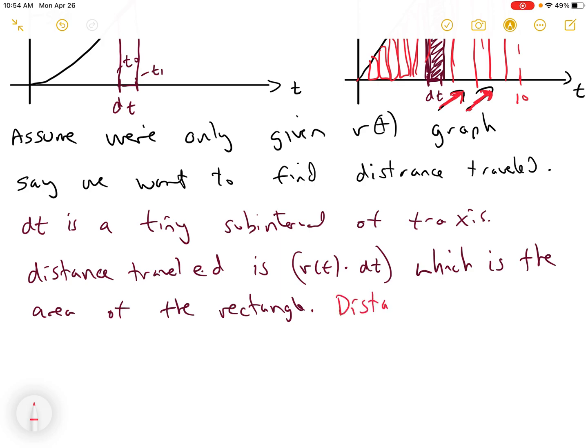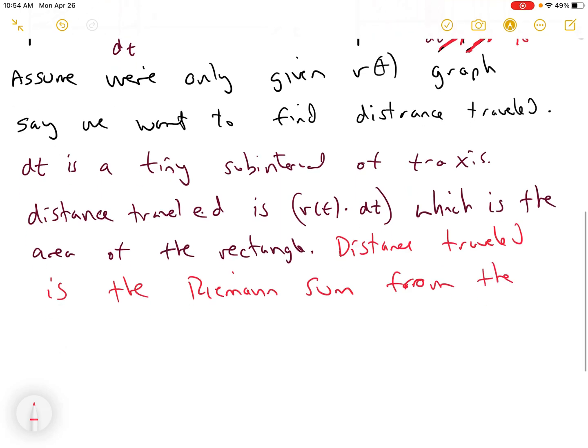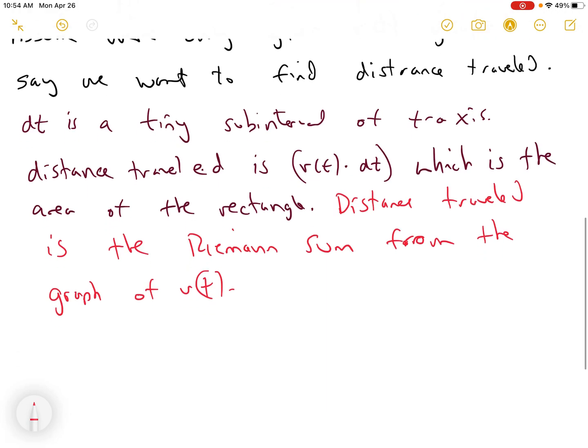So the distance traveled is the Riemann sum from the graph of v of t.